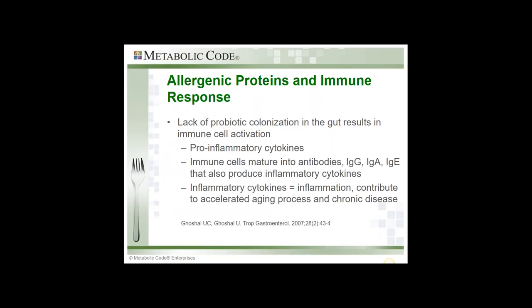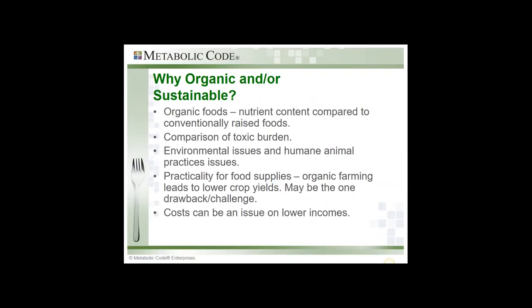But let's move on here. Oh, and as another kind of side thing, we also encourage people to eat organic and or sustainably raised foods for a reason, because this toxic burden can be a thing that affects people over time and can contribute to insulin resistance and can contribute to suboptimal thyroid activity in the body.